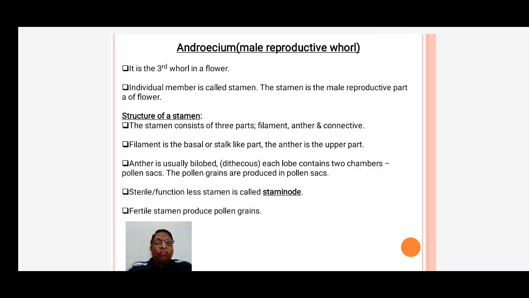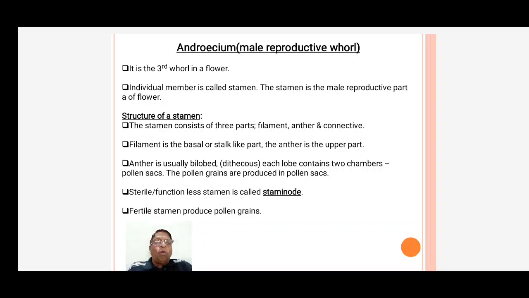Such an anther is called dithecous. In some plants like hibiscus, China rose, lady's finger, the anther lobe is only one. We call it monothecous.